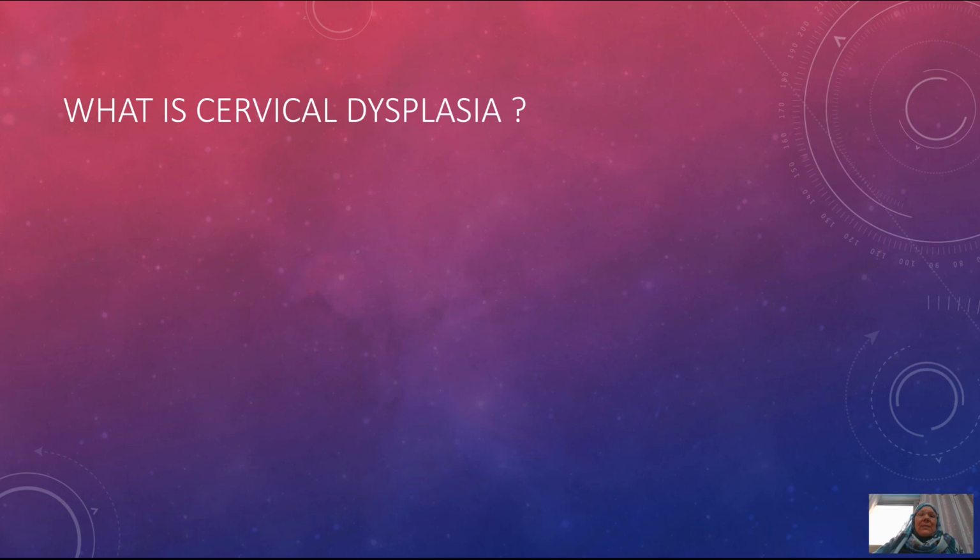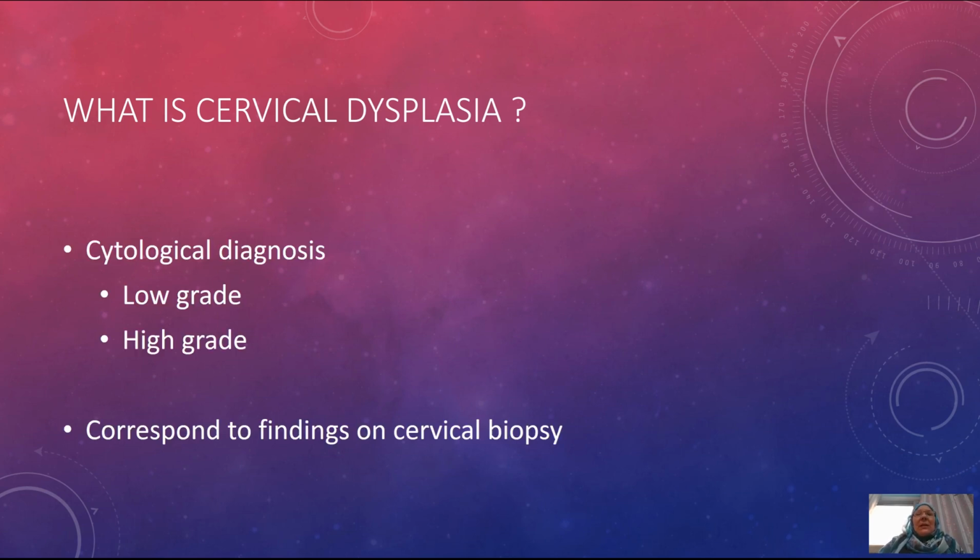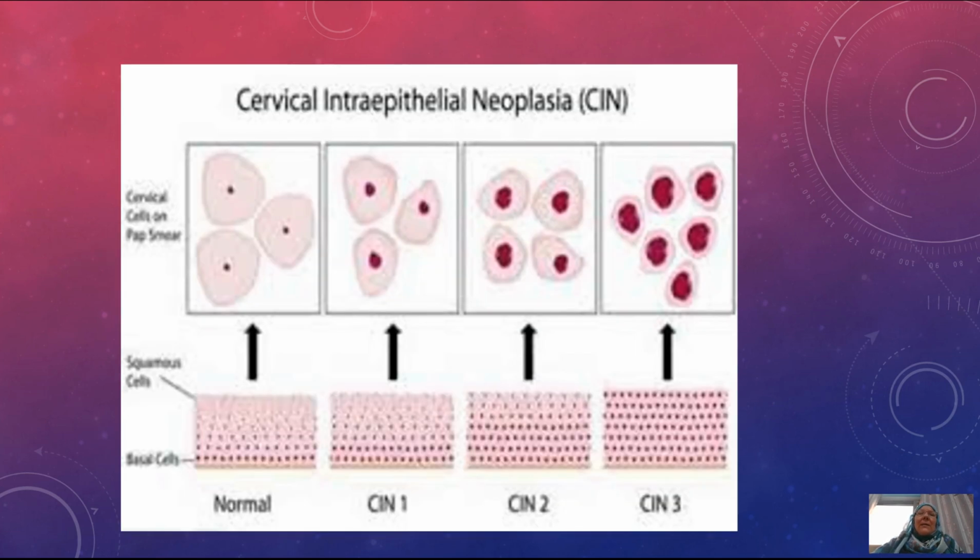What is cervical dysplasia? Cervical dysplasia is essentially a cytological diagnosis. It's also distinguishable between low-grade and high-grade dysplasia, again on the size of the nucleus and the shape of the cells, and this corresponds to the finding of low-grade and high-grade in cervical intraepithelial neoplasia, as it shows here.